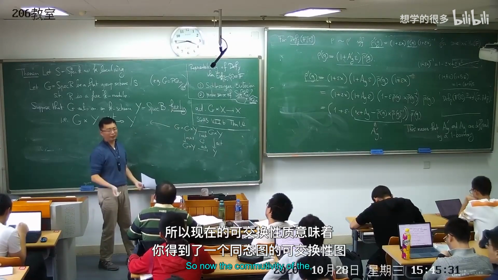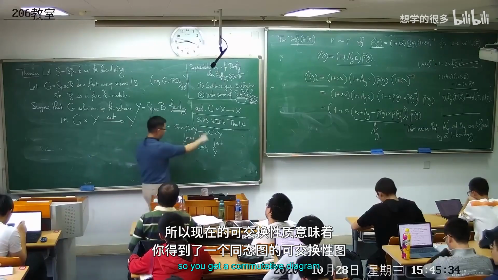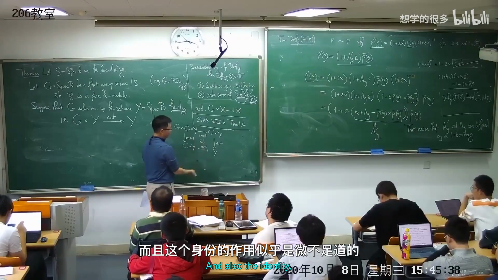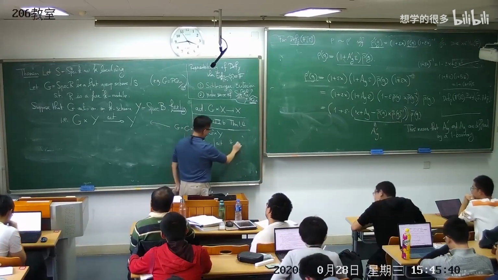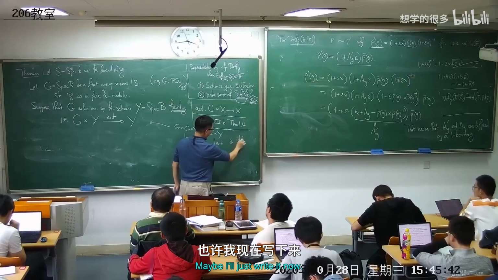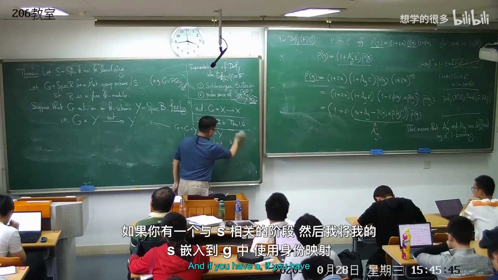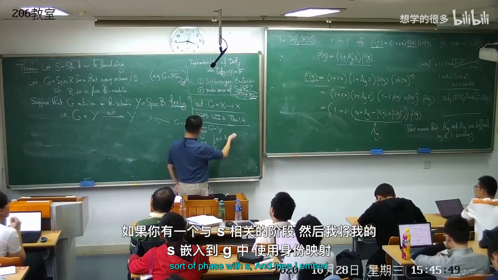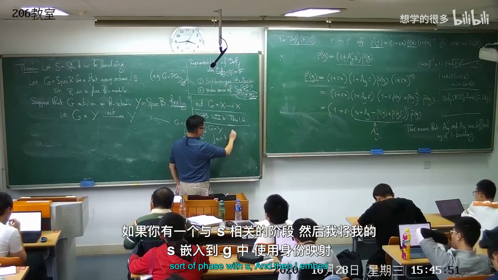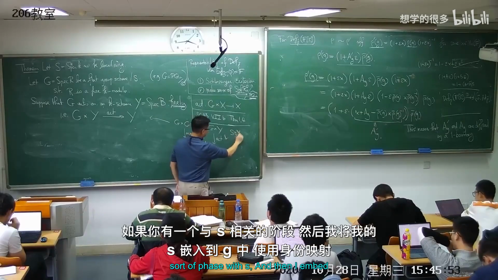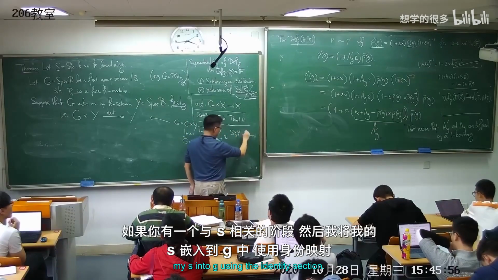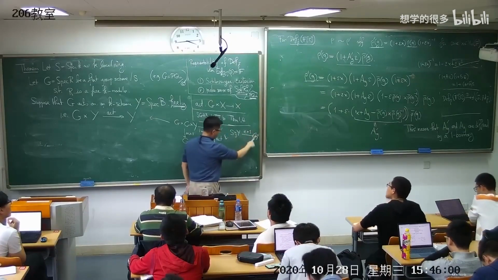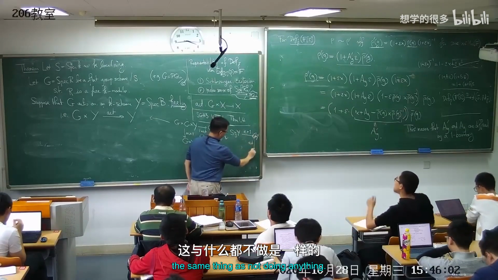So you get a commutative diagram of morphisms of schemes, and also the identity acts trivially. Maybe I'll just write it down. If you have a base S, and then I embed my S into G using the identity section, and I do the action, that's the same thing as not doing anything.